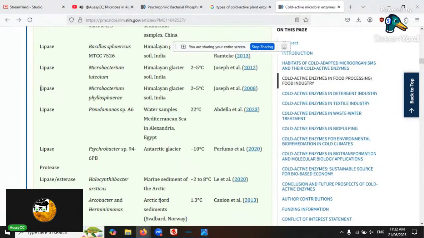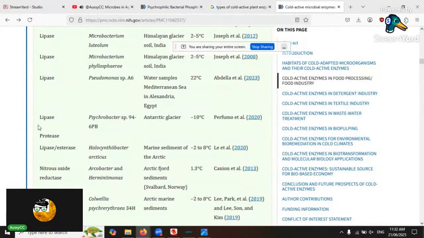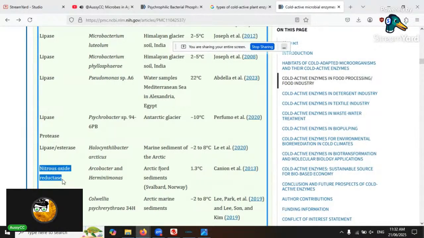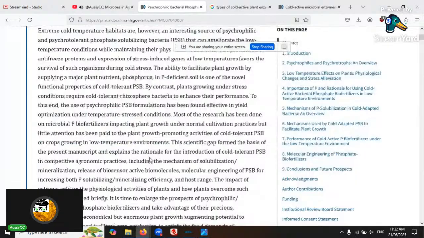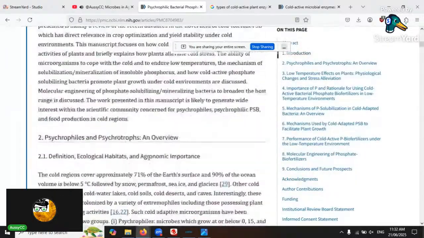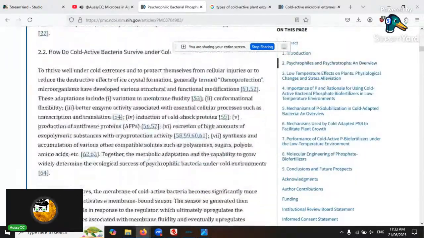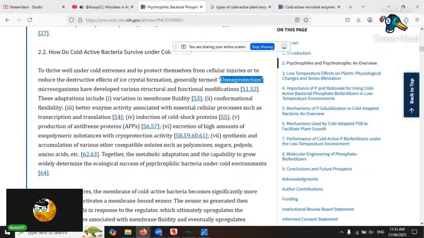This is throwing me off track now. Nitrous oxide reductase. Like I don't know how that works as a cryoprotectant. Or is it osmo, what's that word again, osmoprotectant? Yeah, osmoprotection.